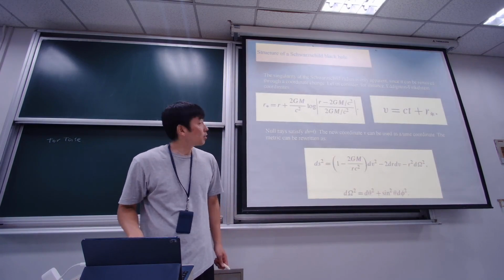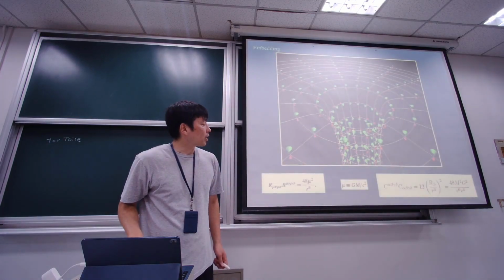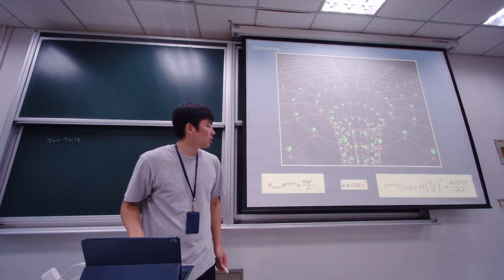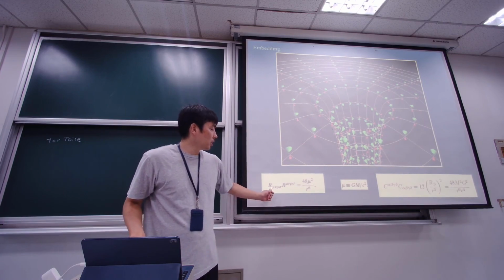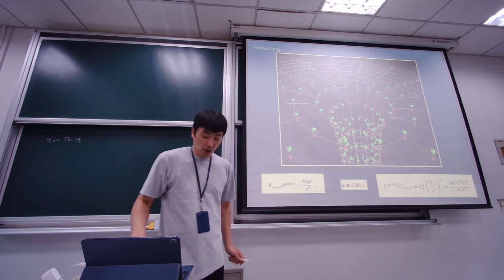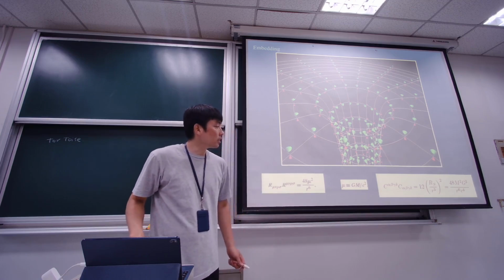As you can see, this is the combination of the curvature, you get the 1 over r squared, and so on.